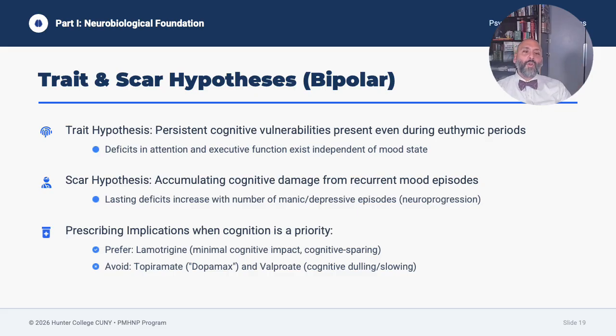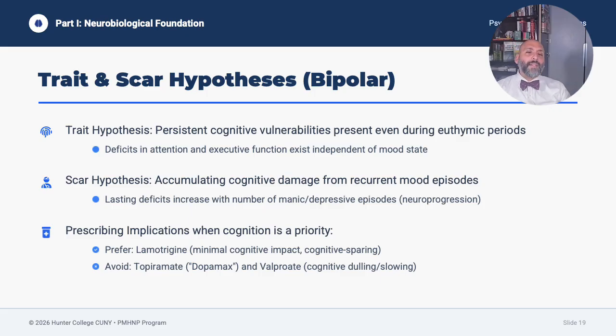That process is often called neuroprogression. So in plain terms, the more episodes a patient has, the harder it is for cognition to fully bounce back. That's why early effective mood stabilization matters, not just for symptom control, but for long-term brain preservation. That's the working theory.